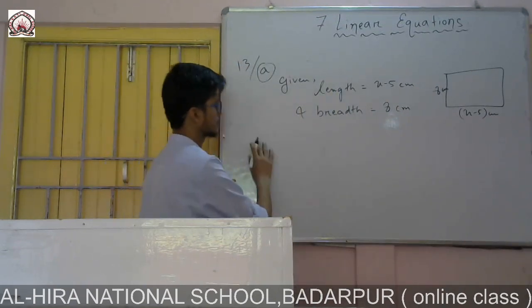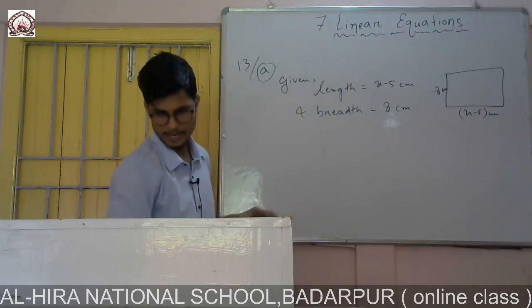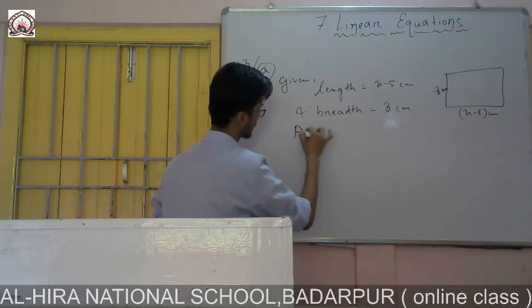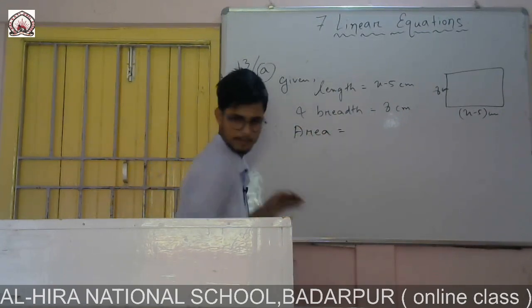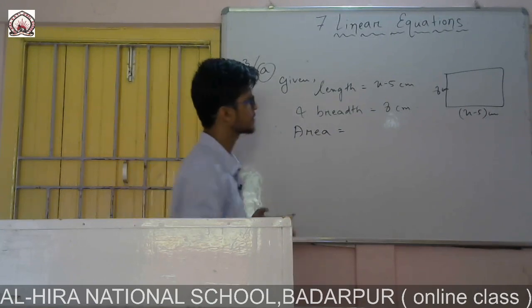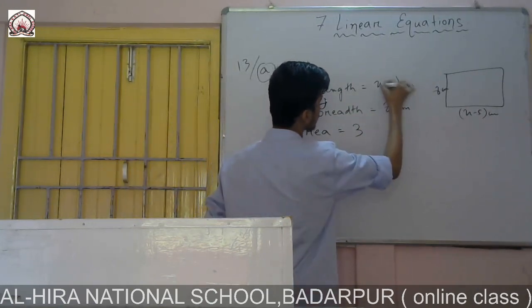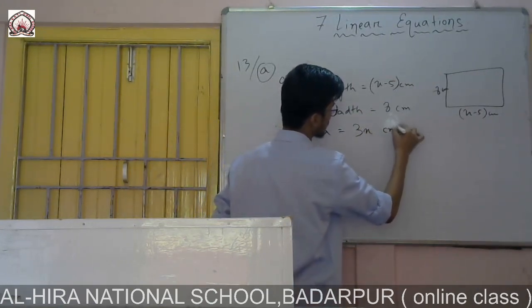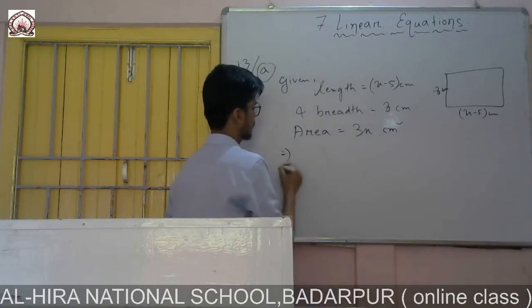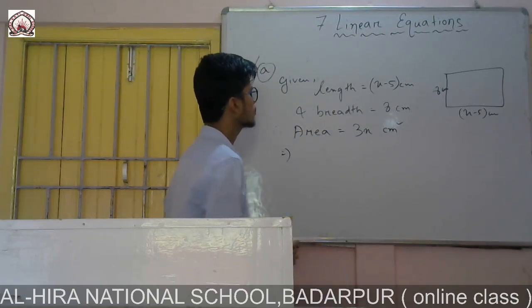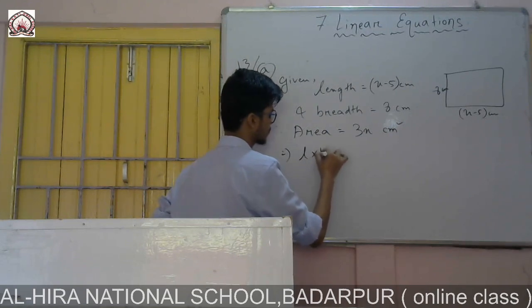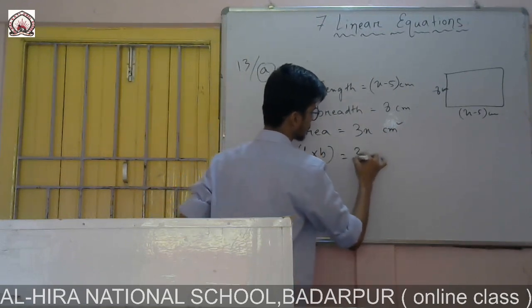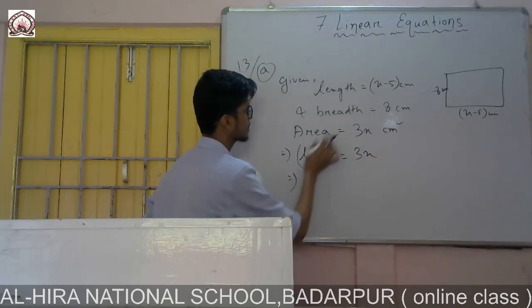So now it is given in the question, area is given as 3x centimeter square. So we know area is equal to length into breadth. Length into breadth will be area equals to 3x. So what is the length here?